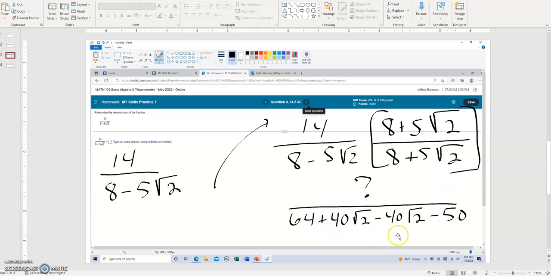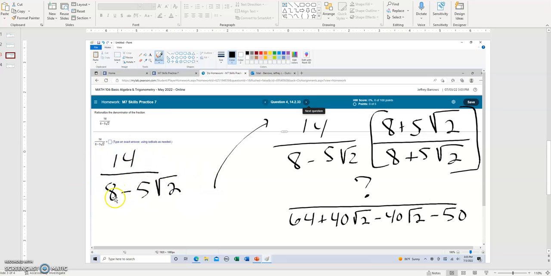But the bonus of the conjugate, if you notice these two terms in the middle, I have positive 40 times the square root of 2, and then I have minus 40 times the square root of 2, and those will cancel. And so what I'm left with in the denominator is just 64 minus 50, or 14. So that will then allow me to simplify this to the point where I may have a radical expression, and it looks like I will have a radical expression in the numerator.